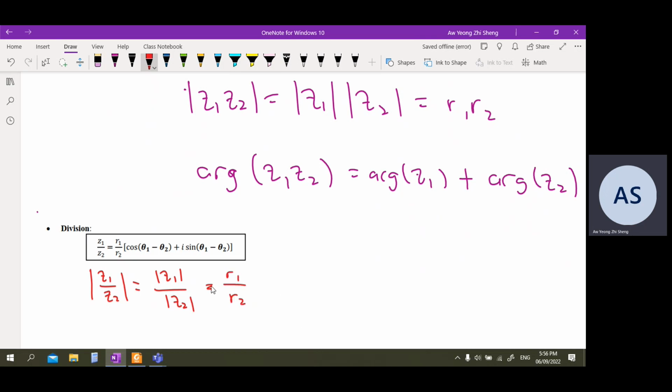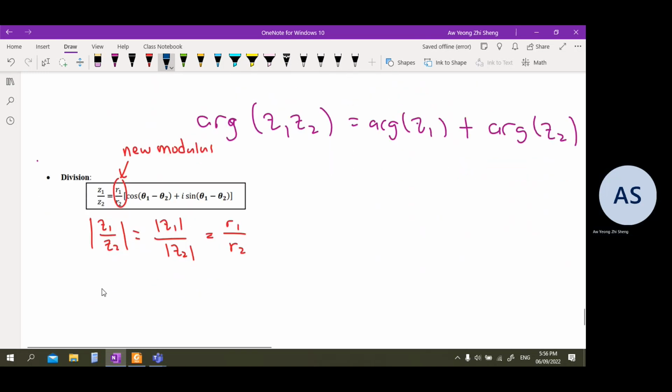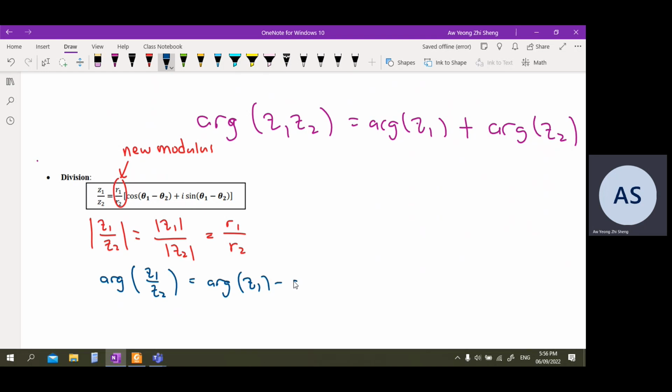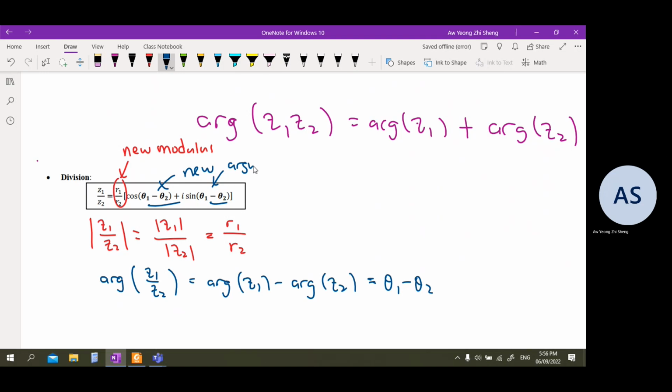So R1 over R2 will be the new modulus here. While for your new argument, if you find the argument of Z1 over Z2, by applying the properties of arguments similar to logs, you have argument Z1 minus argument Z2, and that would be theta 1 minus theta 2. So this is how we obtain the new argument.